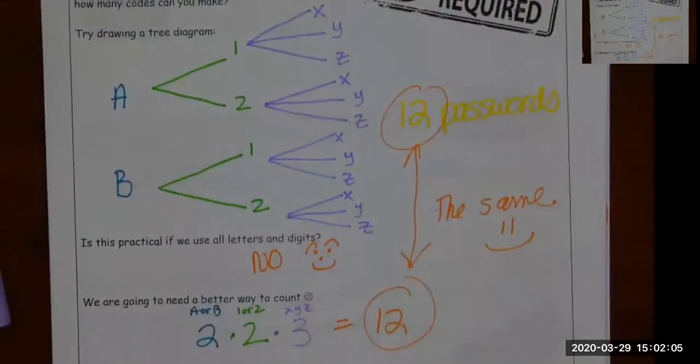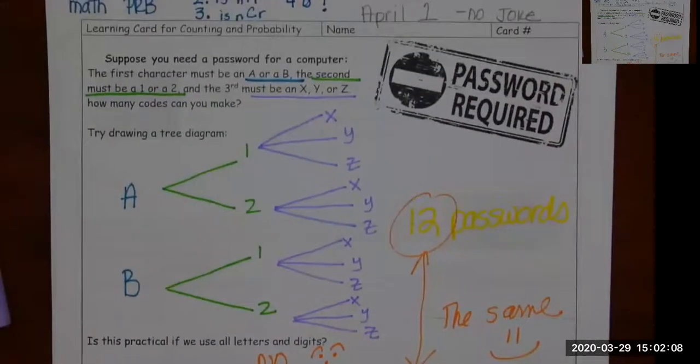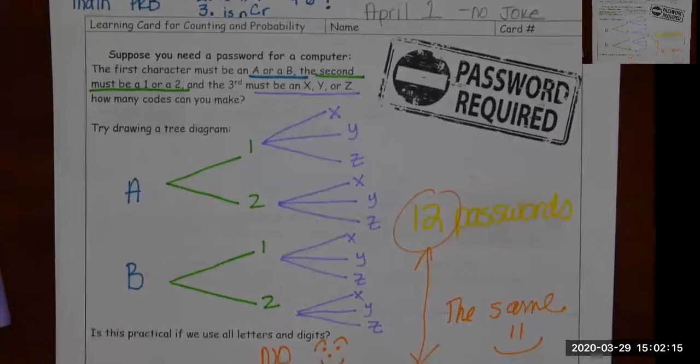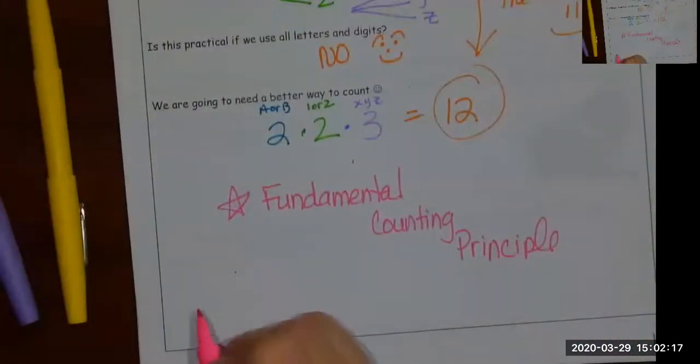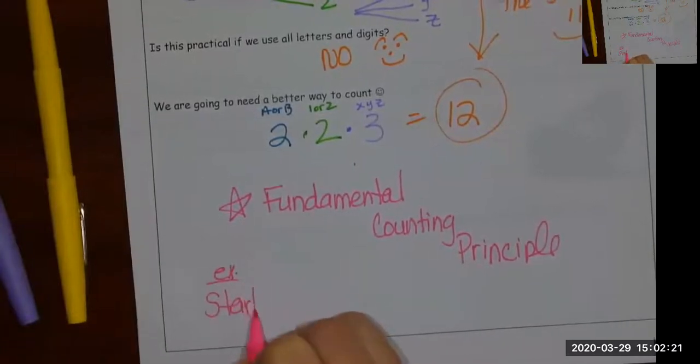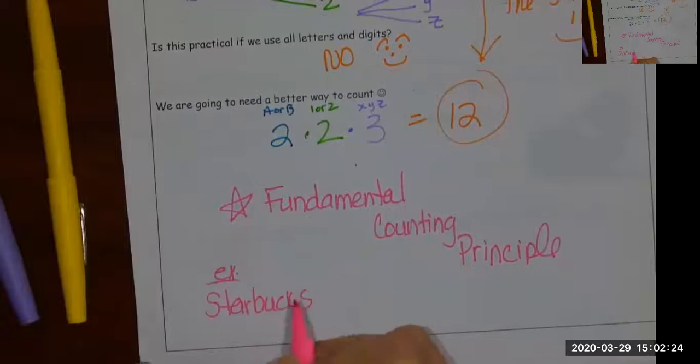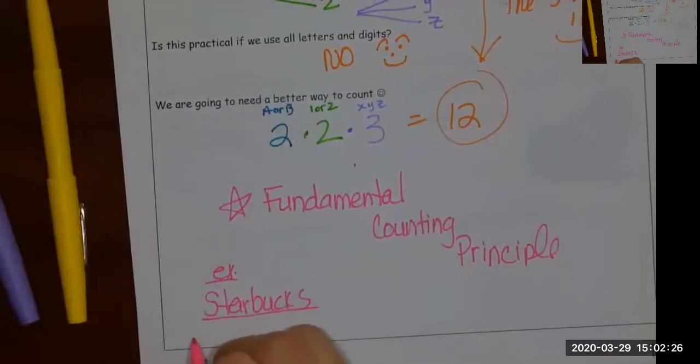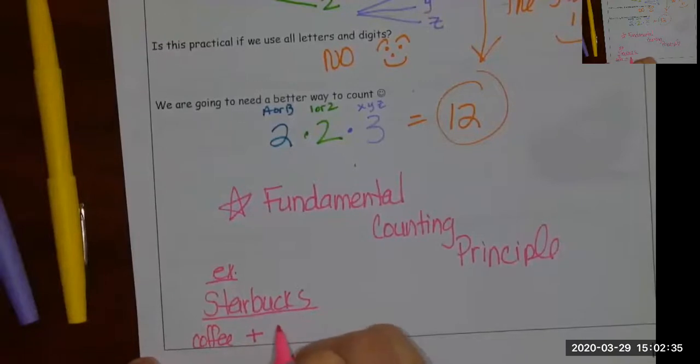As you can see, a good problem for us. Here's a problem I have for you to do today, a fun problem. We don't care about a password. But let's say I was sending you to Starbucks, and I'm going to tell you what you can order. You get to order a coffee and you can choose any kind of coffee you want. And I'm going to let you choose 3 additions to it.